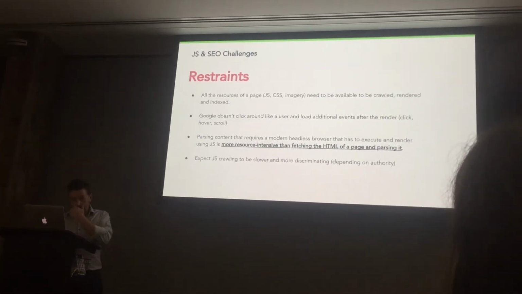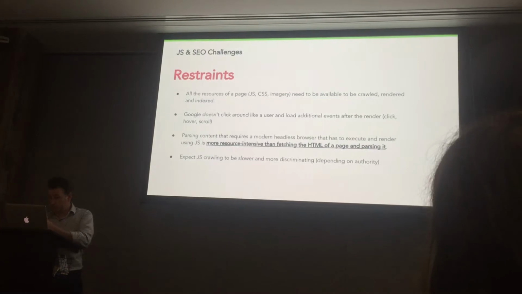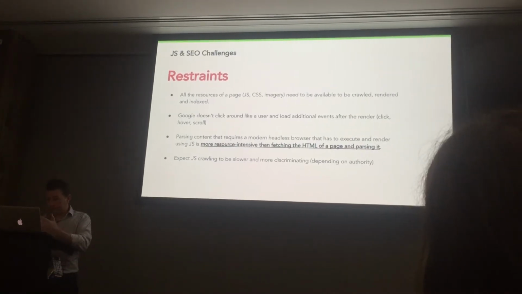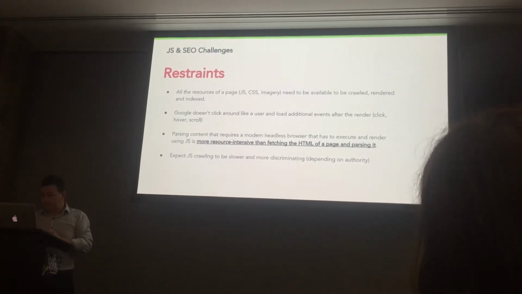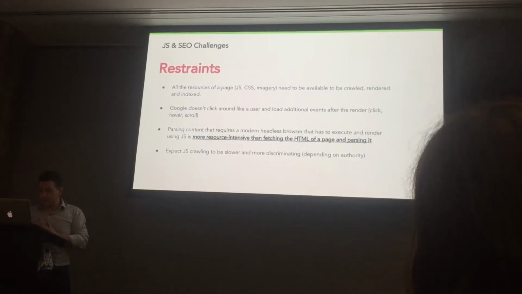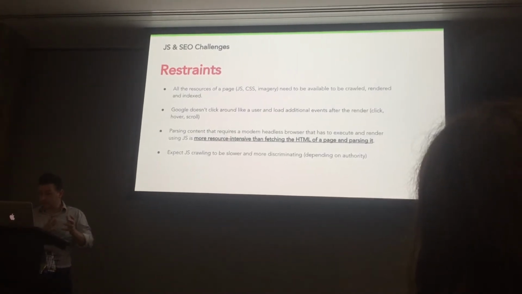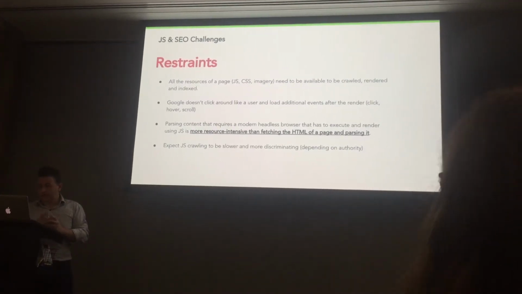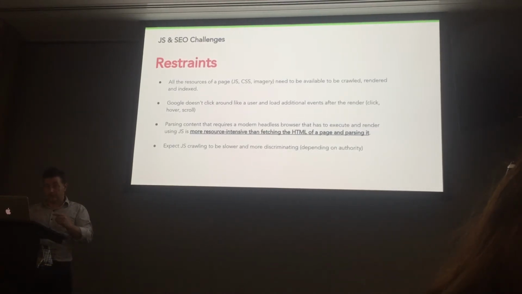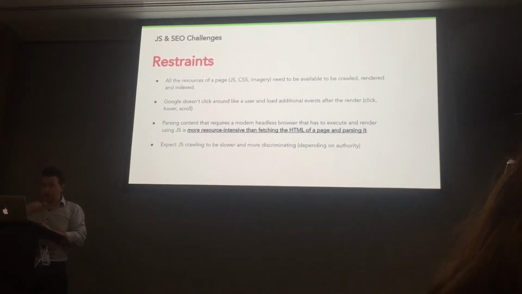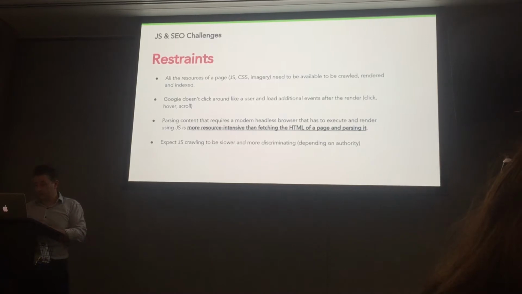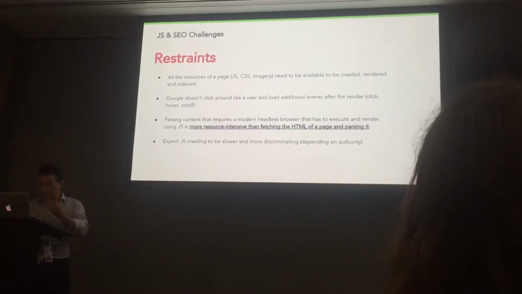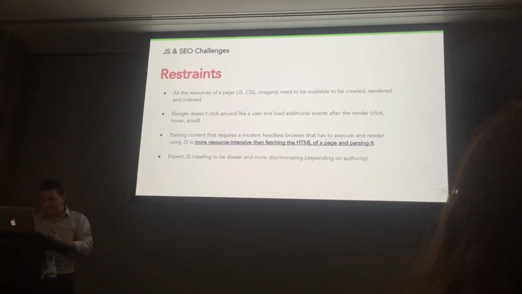So some of the restraints around this: all the resources of the page, the JS, the CSS, the imagery, need to be available to be crawled, rendered, and indexed. To get into Google's index, Google doesn't click the JavaScript buttons. It doesn't hit any on-load functions, any hovers or scrolls, but it will read the command.